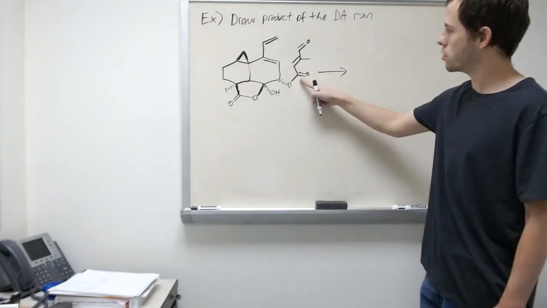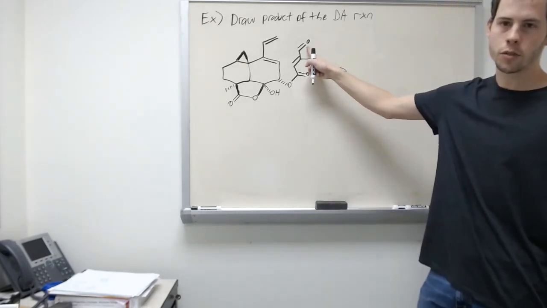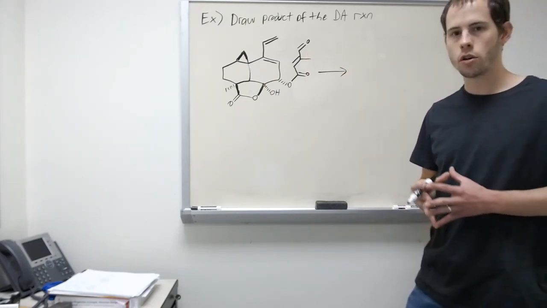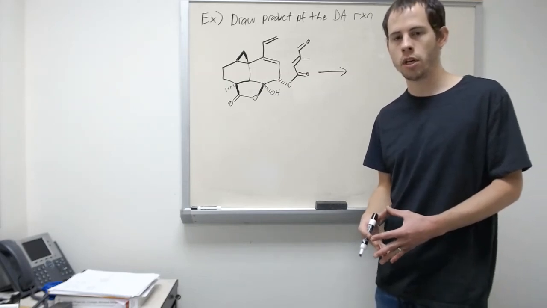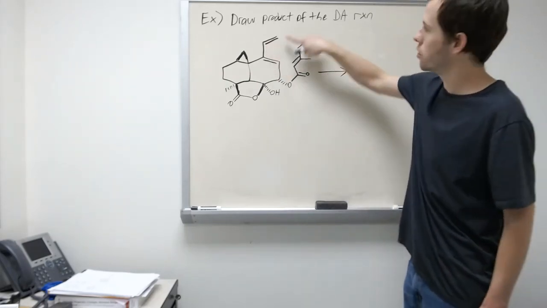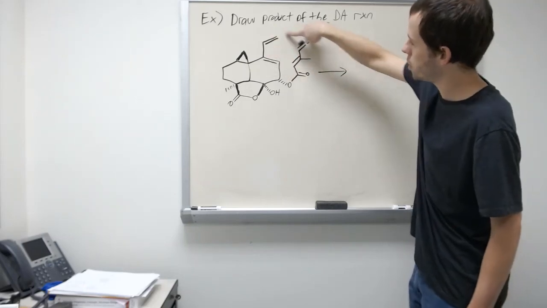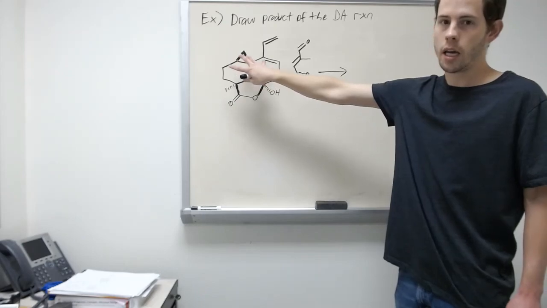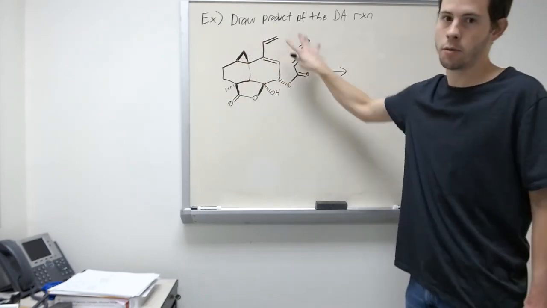And this is attached to 2 electron withdrawing groups, making it fairly reactive. And so remember, Diels-Alder reactions always form 6-membered rings with an alkene in between these 2 carbons. And so we're going to end up having a 6-membered ring up here. And so we want to redraw this whole carbon skeleton and then draw our 6-membered ring up here.